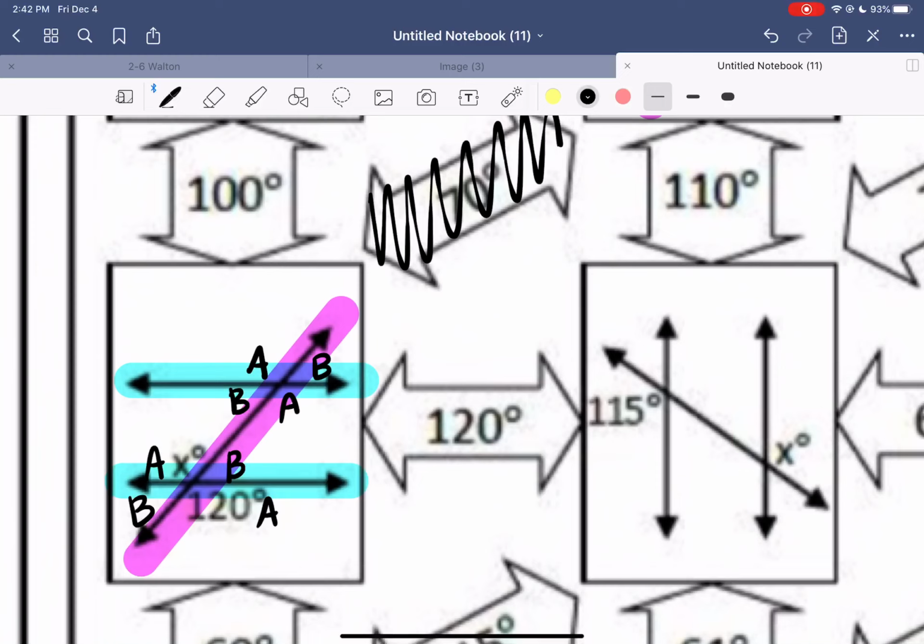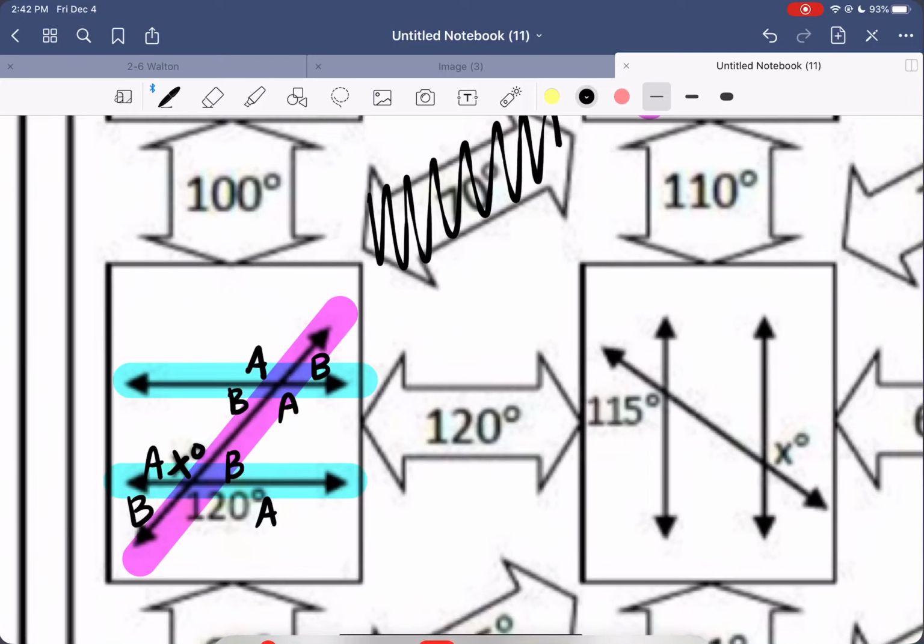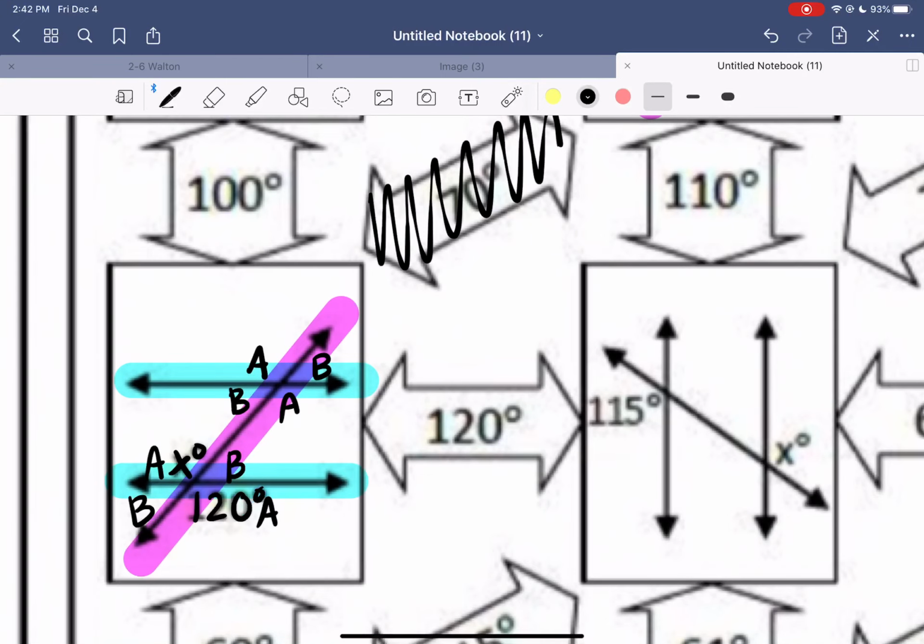So we are looking for an X, which is on A, and we see across the way that A, they're across from each other. So we know that this one is 120 degrees, since A equals A. So 120 equals 120.